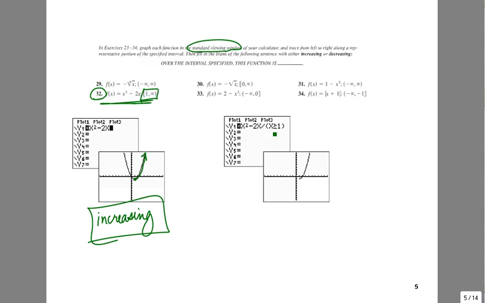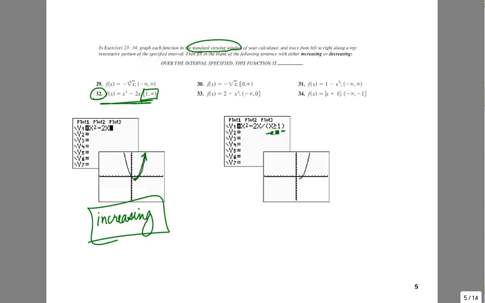Well, you can actually enter the restriction that you're looking at in the calculator. If you only want to view the graph from 1 to infinity, what you can do is input the function and then do a division symbol and then type in the restriction on x. So I'm only looking at values which are larger than or equal to 1. And I have to do this in parentheses.